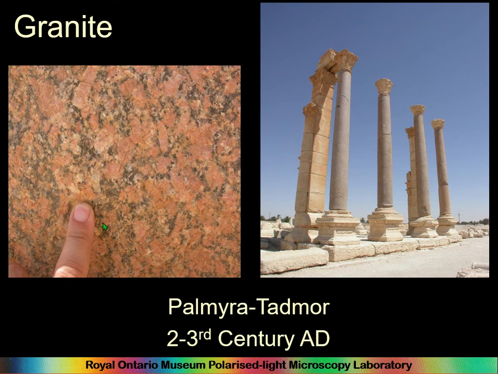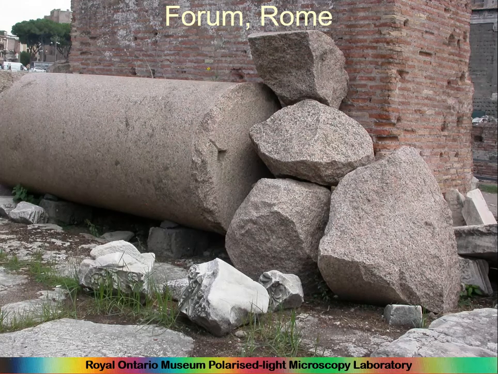So Aswan granite, once you get your eye in for these large pink crystals of orthoclase, you will start seeing it everywhere. For instance, this is at Palmyra Tadmor in Syria. I think this was blown up, unfortunately, but you know, it had already fallen over once. So this is Roman, or Roman period at least, and the Romans really liked to show how they controlled everything by moving everything around.